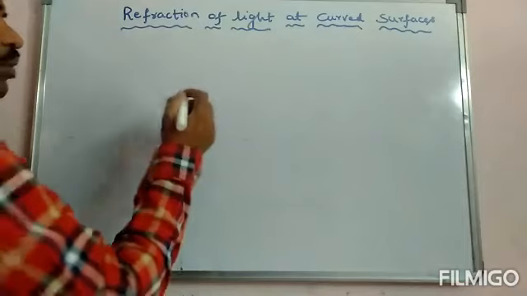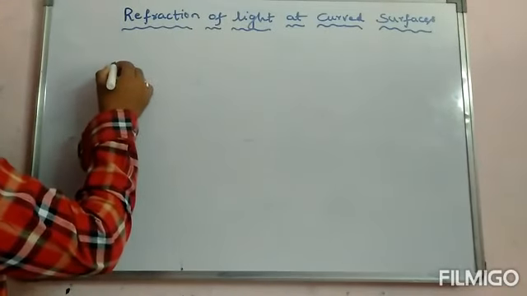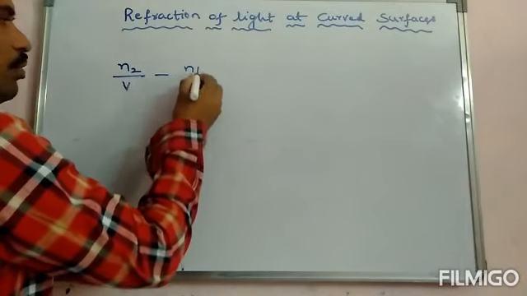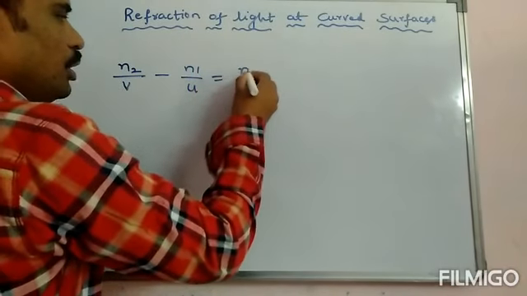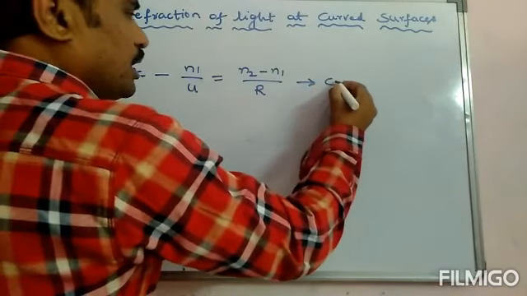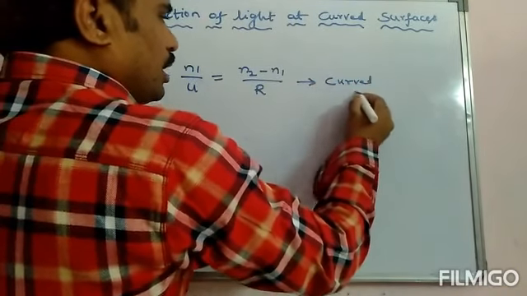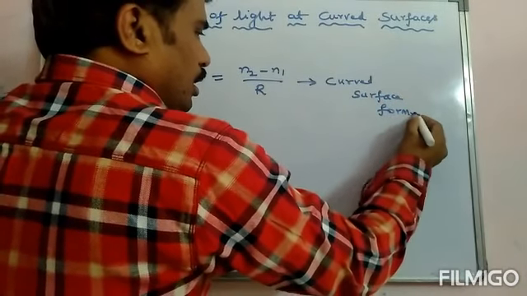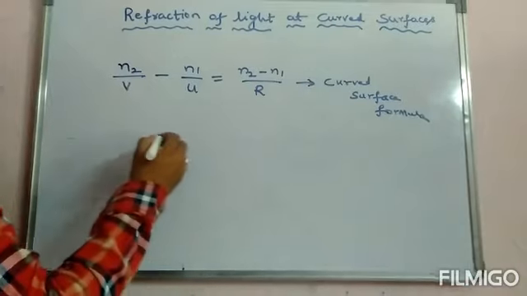Now first let us see what is curved surface formula. The curved surface formula is N2 by V minus N1 by U is equals to N2 minus N1 by R. We call this formula as curved surface formula. We can use this formula for plane surface also.